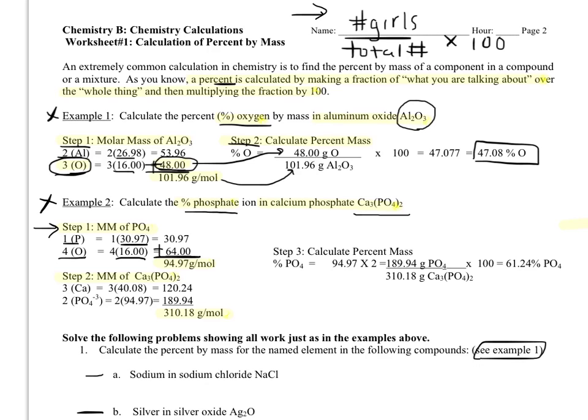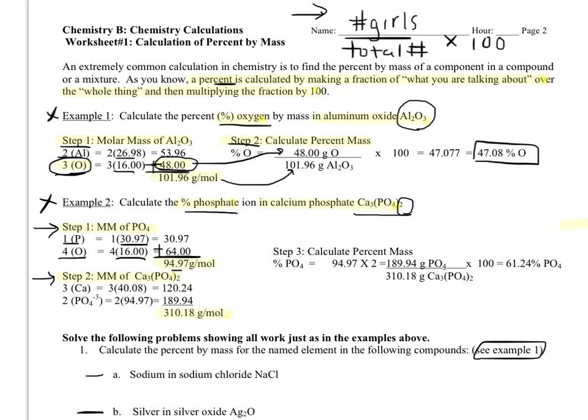Now, we're going to have to account at some point for the fact that we don't just have 1 PO4, we have 2 PO4s. So when we go to put the mass of the phosphate in the top of our fraction in the following steps, we're going to have to multiply that 94.97 by 2. All right, so hold that thought.